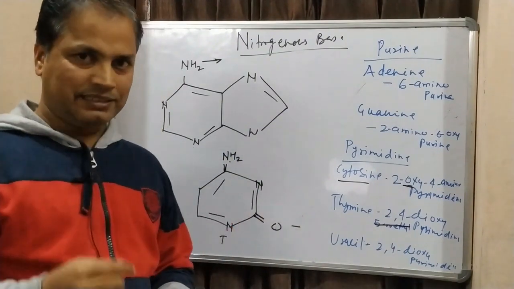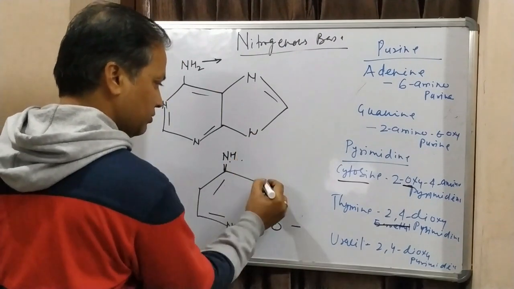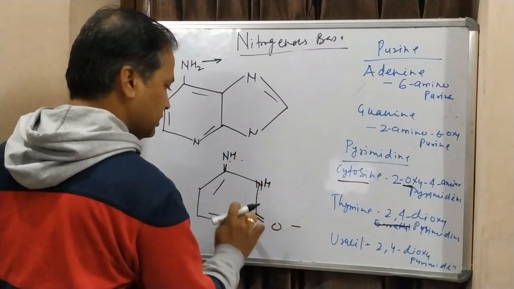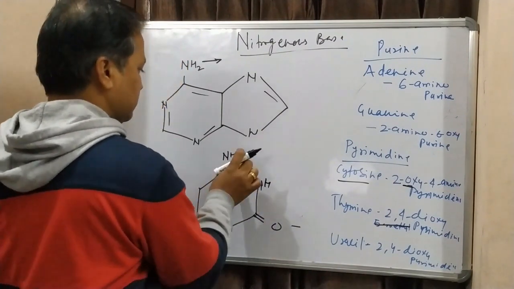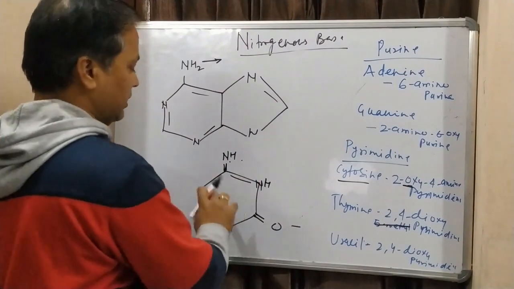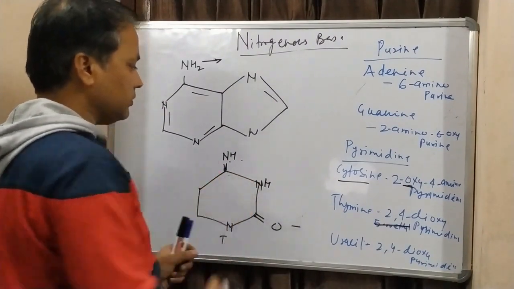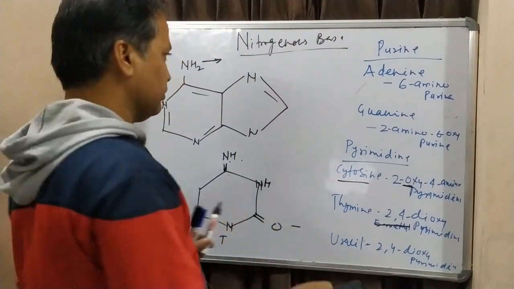It can exist in another form where one of the hydrogens from here will come here, and the double bond will shift here. So here we will have a double bond like this one. That is a different type of tautomeric structure. We are going to see it.